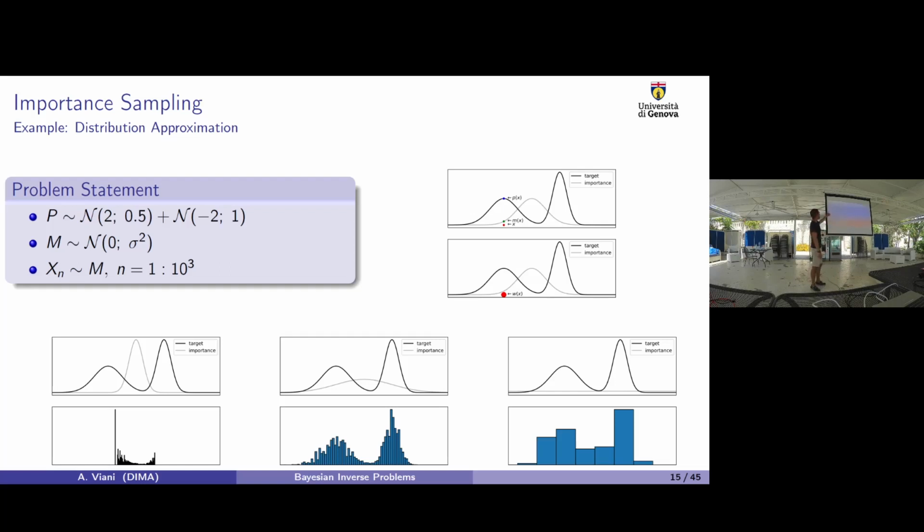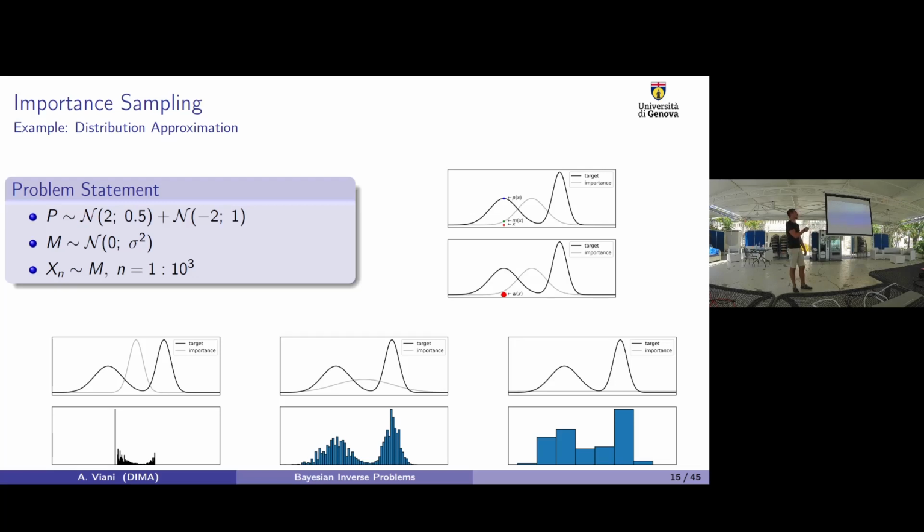Trust me. We have a problem where P is the sum of two Gaussians. Very easy, but we are not currently able to sample from this sum, because you cannot sample from one and the other and then sum together, because the distribution of the sum of the two is the convolution of the densities.